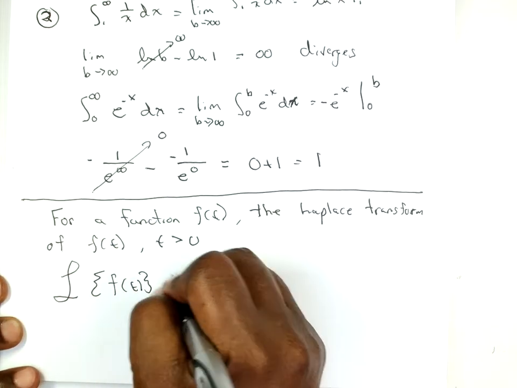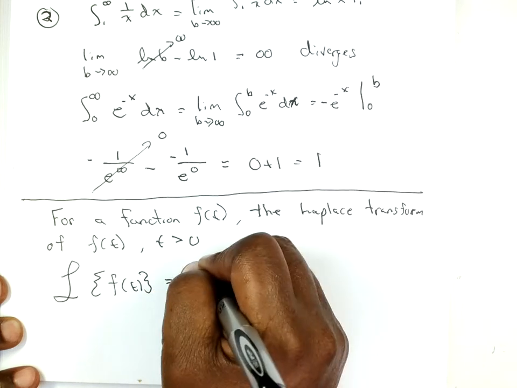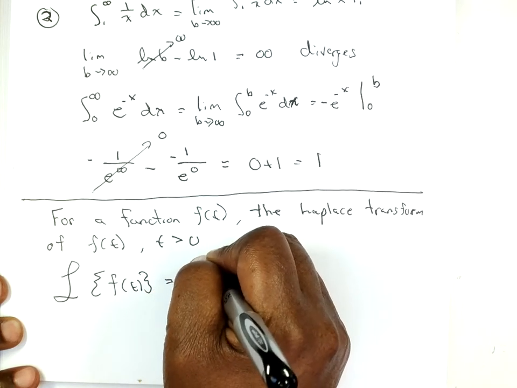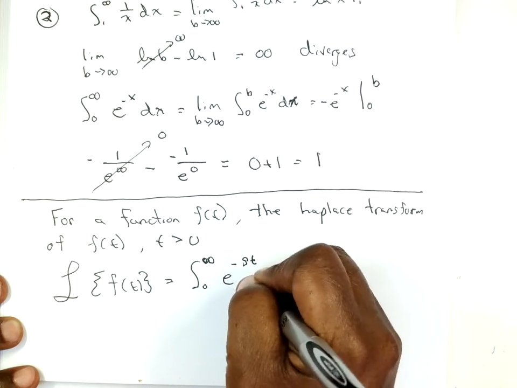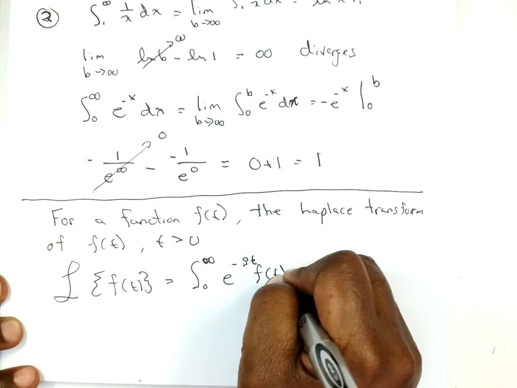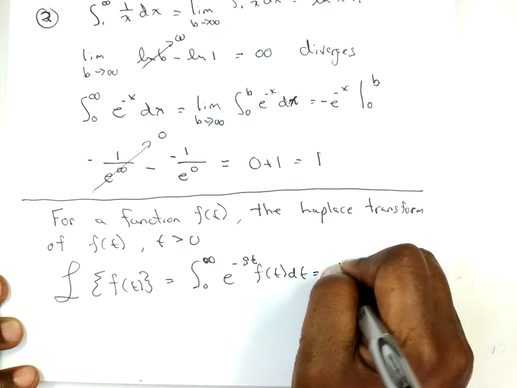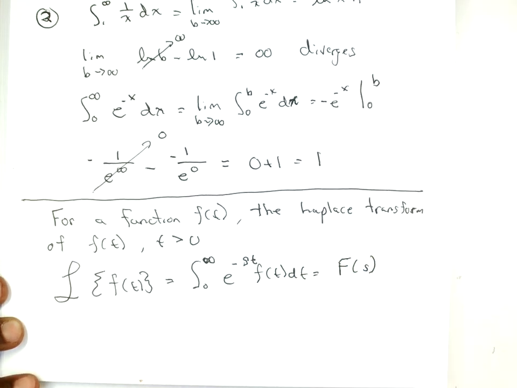So the Laplace transform of f of t is the integral from 0 to infinity, e to the negative st f of t dt. And that is going to equal capital F of s.